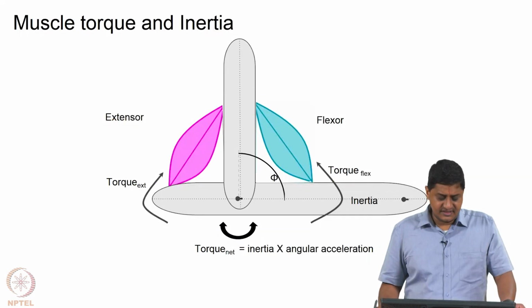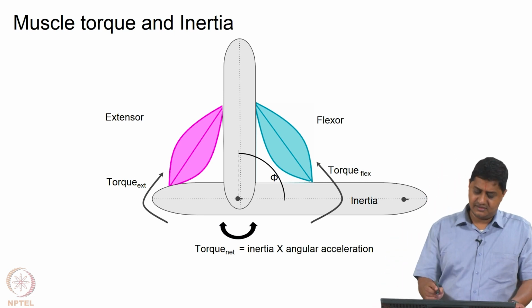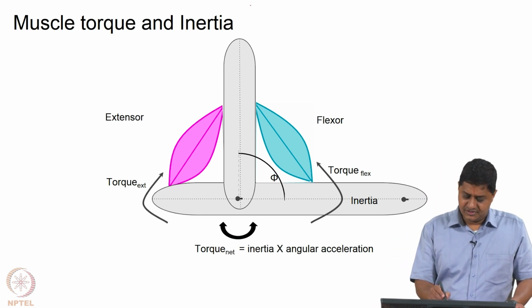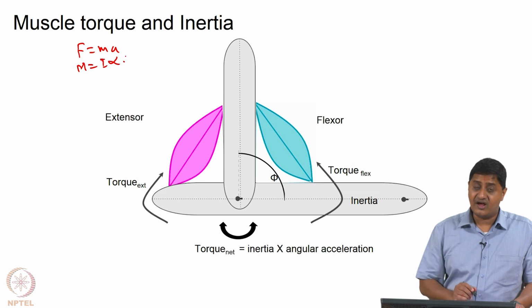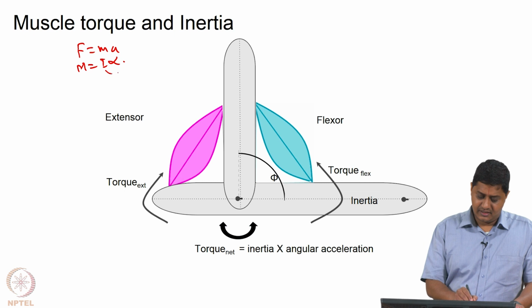Now, let us discuss the case when inertia and torque and angular acceleration interact, right. Just like you have Newton's law, F is equal to m a, you also have torque is equal to I alpha, where I is the moment of inertia, right.